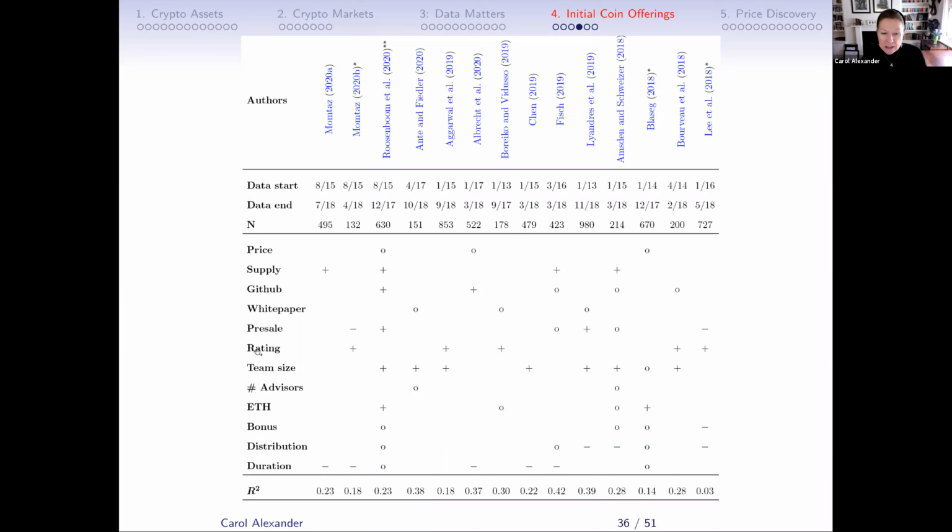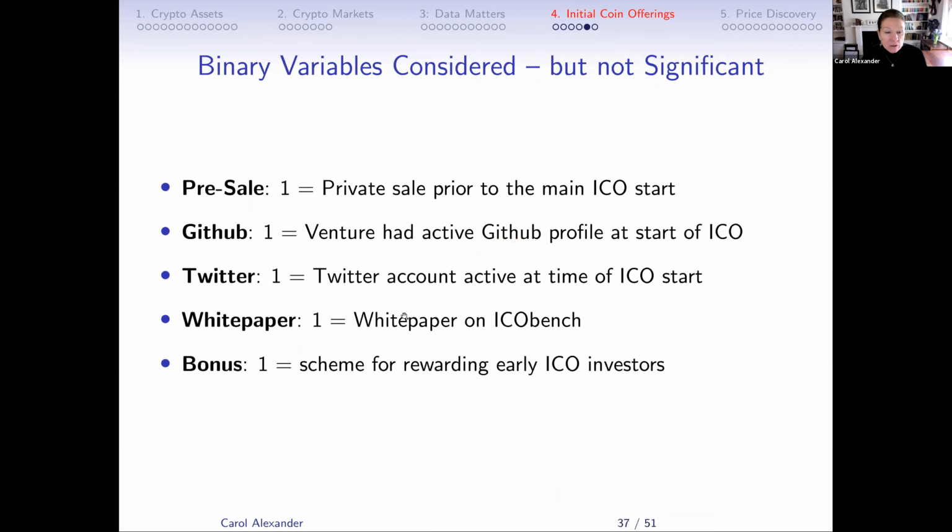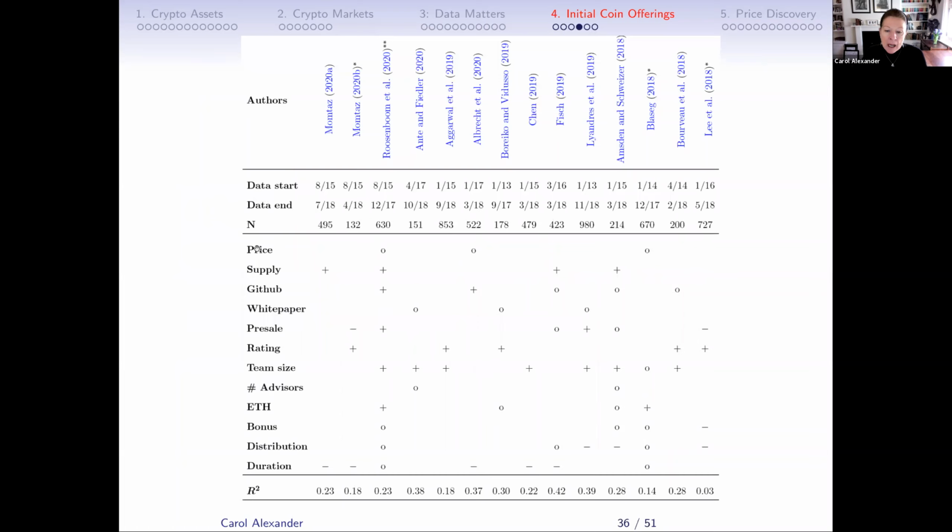But there are very mixed results about whether the existence of a pre-sale actually made much difference. So these are all binary variables that we considered too. We also looked at Twitter, bonus scheme, and so forth. So it's 1 or 0, these variables.